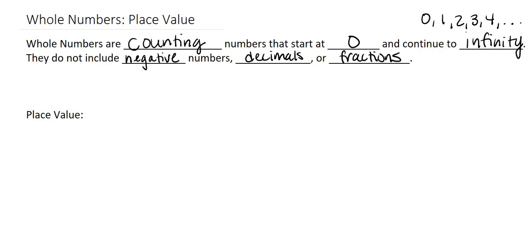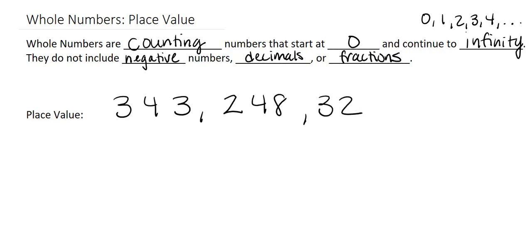So now let's talk about place value for whole numbers. If we have a really large number here, these commas are here to separate, after every third digit, when we start off from the far right and move to the left.